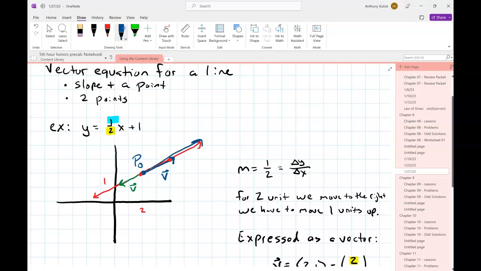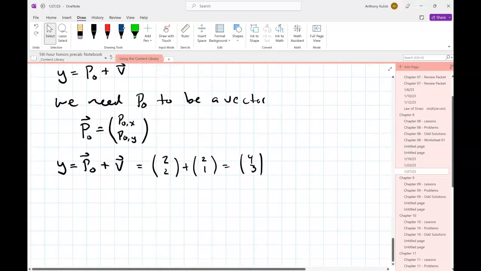What if we wanted this vector here? Well, that's certainly not vector 4, 3, but it's equivalent to the line we've drawn. Everybody agree? So we need to put some kind of parameter in here so that we can get a vector that starts at P, that has the slope of 2, 1, but can be any length.